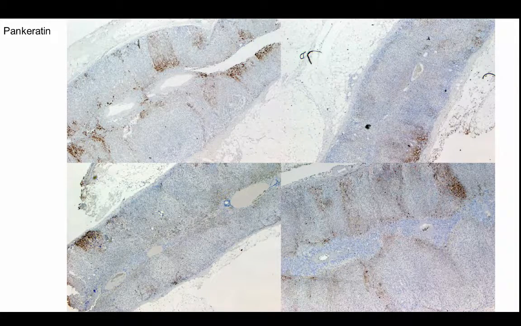Pankeratin is also negative in non-neoplastic adrenal gland with some patchy non-specific staining, but it's a little interesting because the adrenal gland cortex is actually derived from mesoderm. So it's interesting to me that we call it adrenal cortical carcinoma when we have a malignancy. Perhaps sarcoma would be a more appropriate term. Inhibin stains the reticularis.